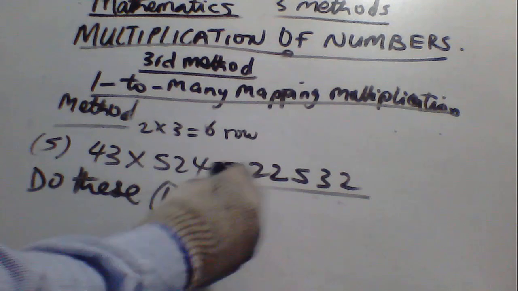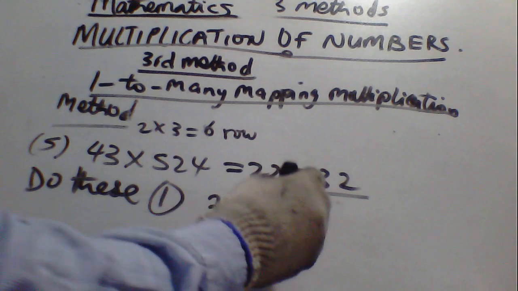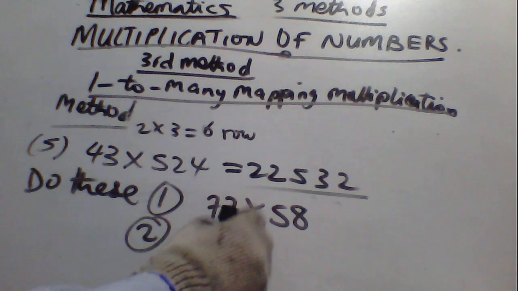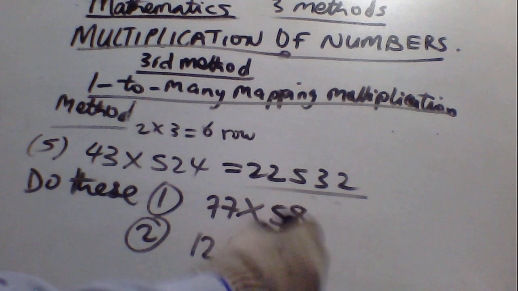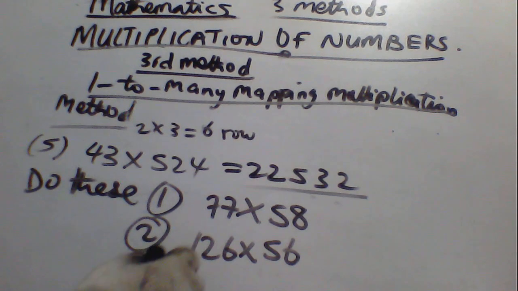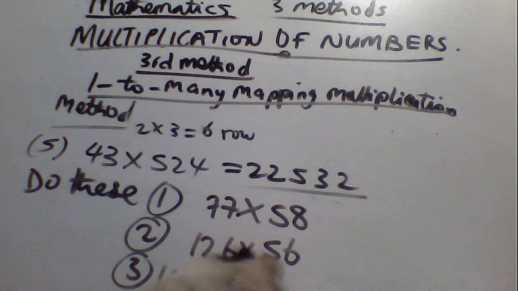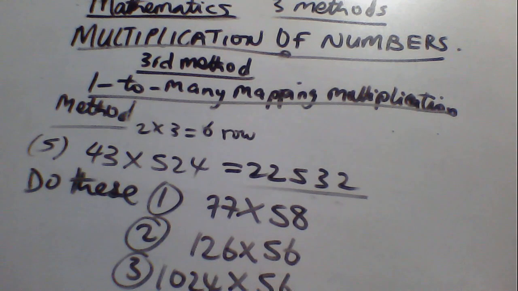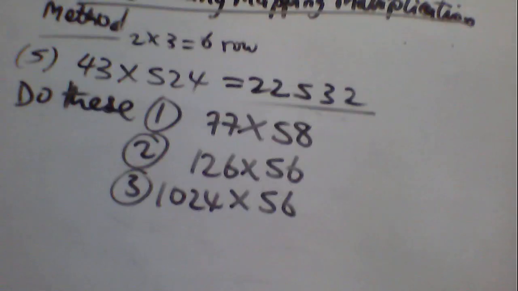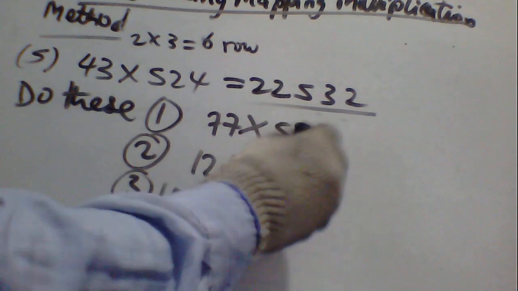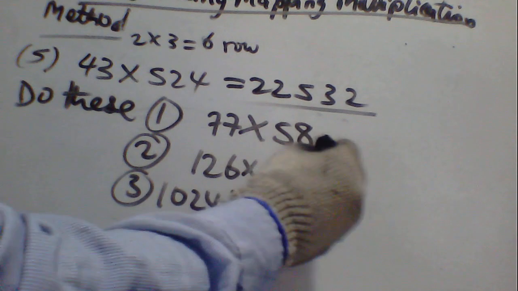You have 77 multiplying 58. The second one, you have 126 multiplying 56. The third is 1024 multiplying 56. And then 126 multiplying 140, 146 or 145, whichever one.